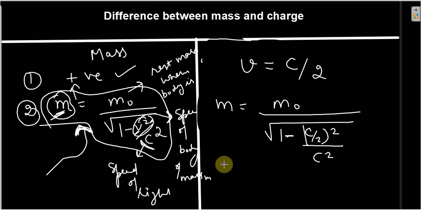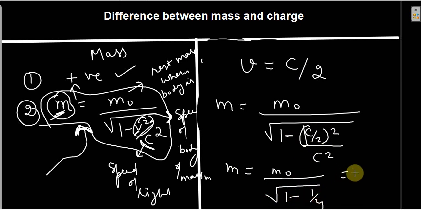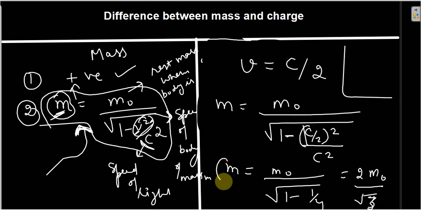The c square cancels, 2 to the power 4 gives 1 by 4, so 1 minus 1 by 4. Comparing m and m naught, the mass is increased to 2 by root 3 times m naught.